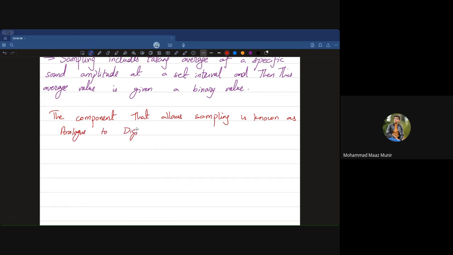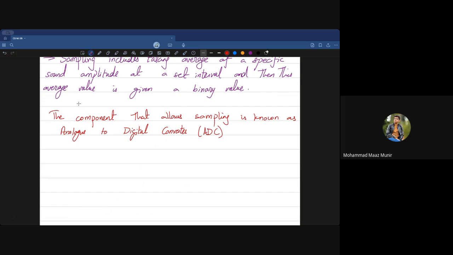We studied at the start of today's class that anything humans can understand is in analog form, and we convert it into a format which your computer can understand, which is digital. This is not only necessary for sound; even for a sensor, if it's converting any analog data into a digital format, it makes use of an ADC, an analog to digital converter.